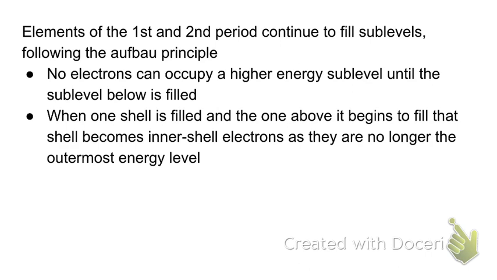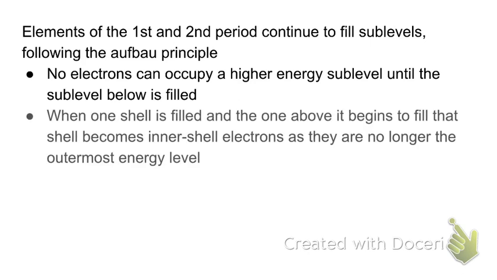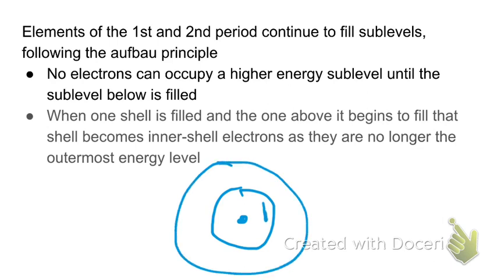So when I have filled the 1s energy level, I want to draw. I have my atom, right? This is the 1s, just the first energy level. When it's full, then we go out here, and the 2s and the 2p orbitals begin to fill, right?